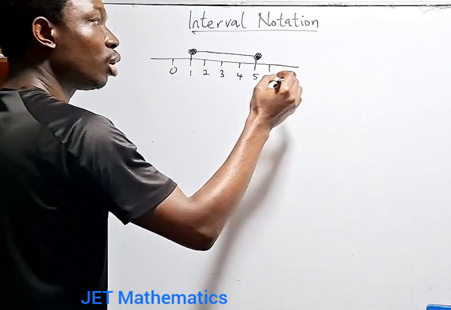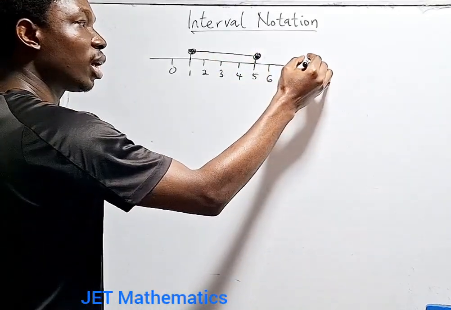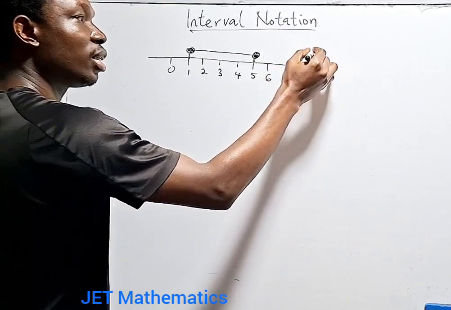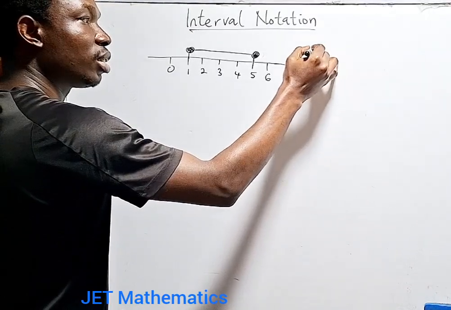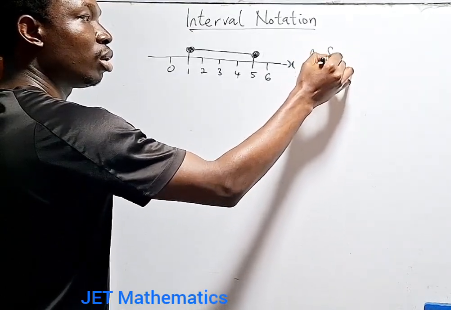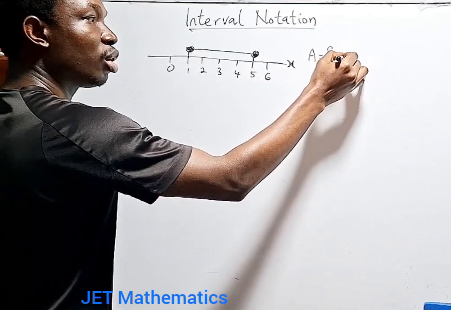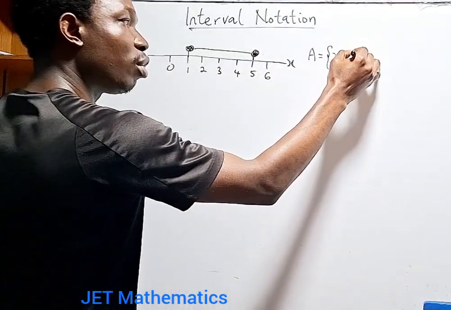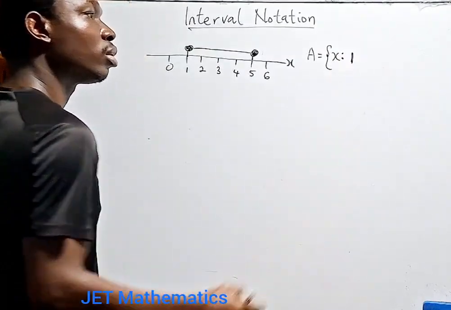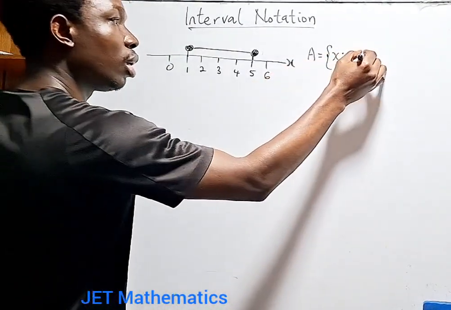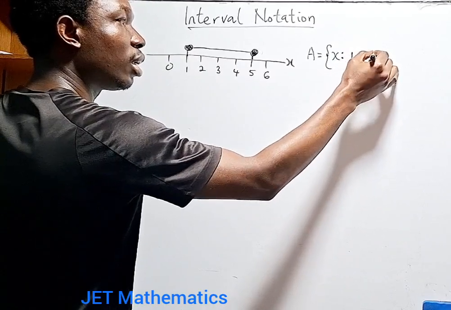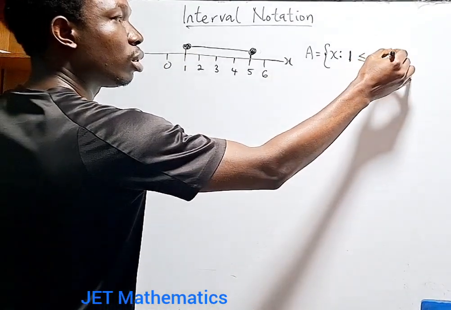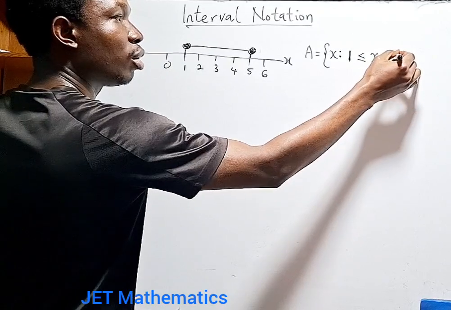So in interval notation, we can write this as, remember this is the x-axis, let's call it a set A of x such that x is starting from 1, and it's less than or equal to 5.